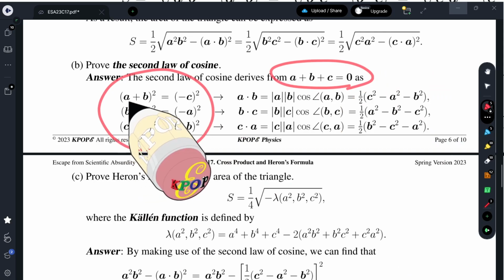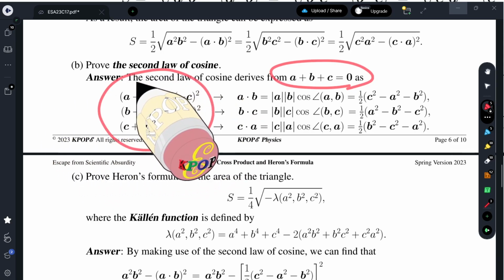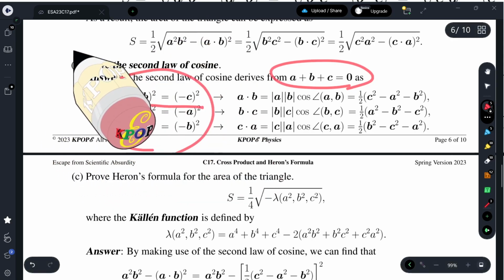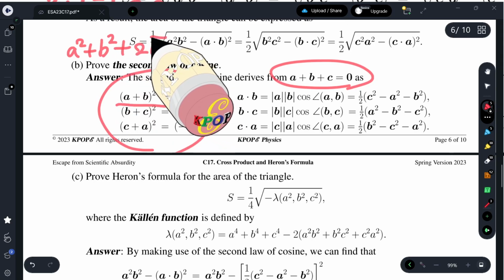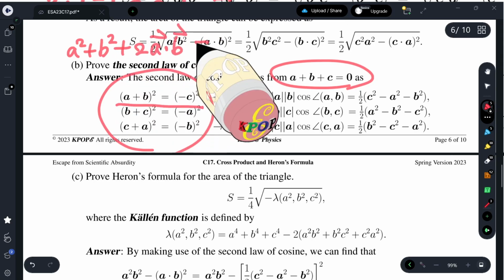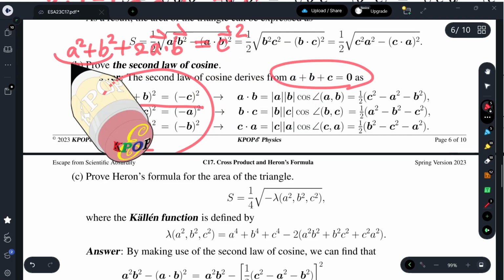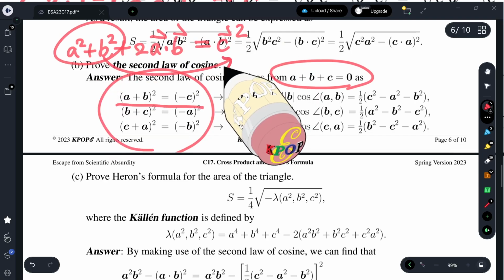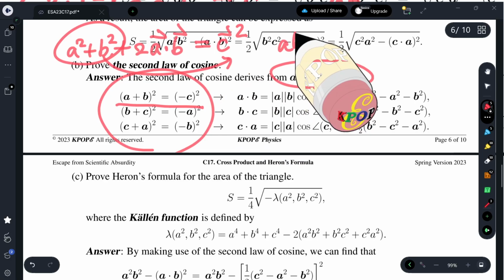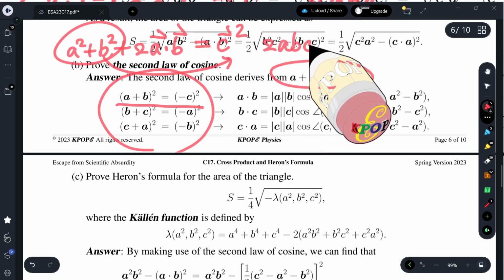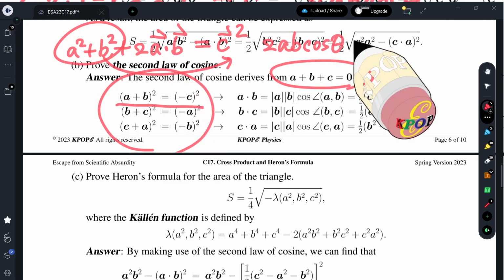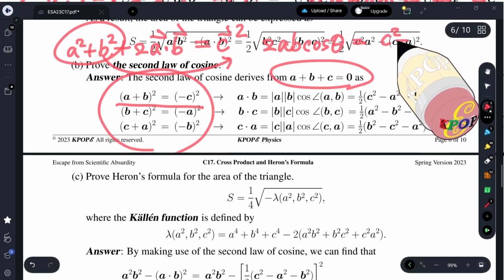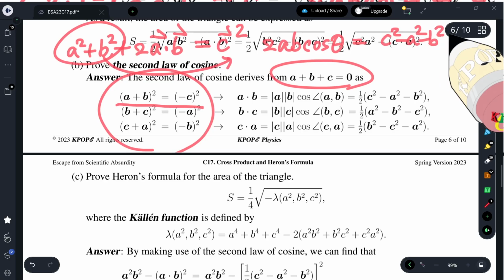If I expand this, I have, for example, the first one: A squared plus B squared plus 2 A dot B equals C squared. Move this one to the right hand side, and we have 2AB cosine theta, where theta is the angle between A and B, equals C squared minus A squared minus B squared.